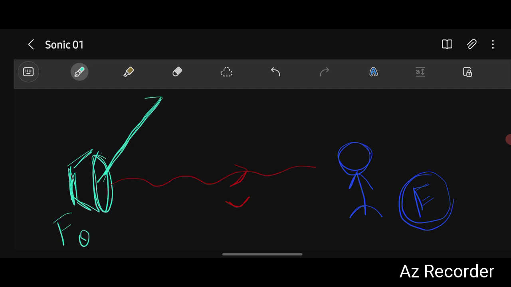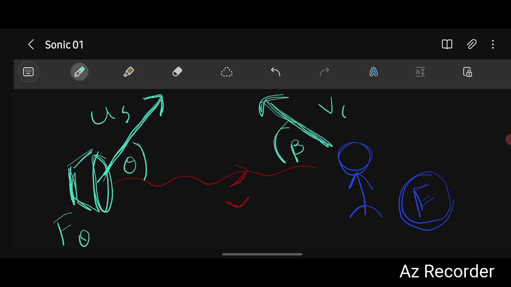Imagine that the source moves at angle theta towards us relative to the velocity of the air, and the observer is moving in this direction with angle beta.